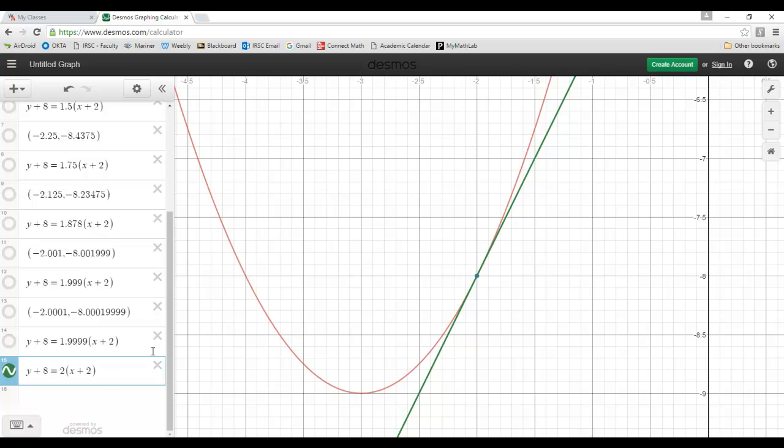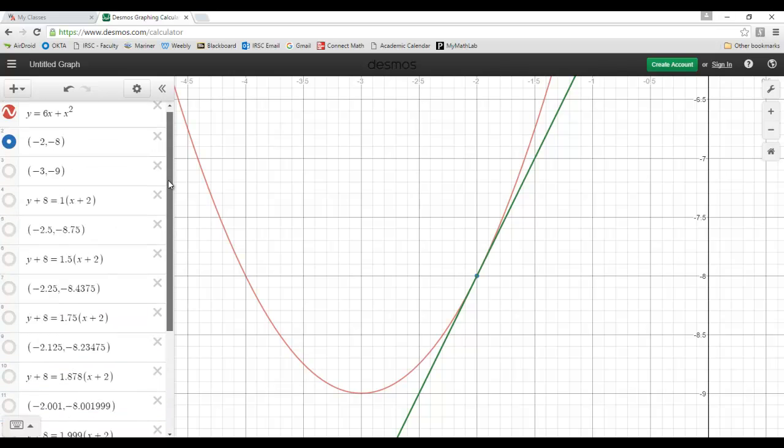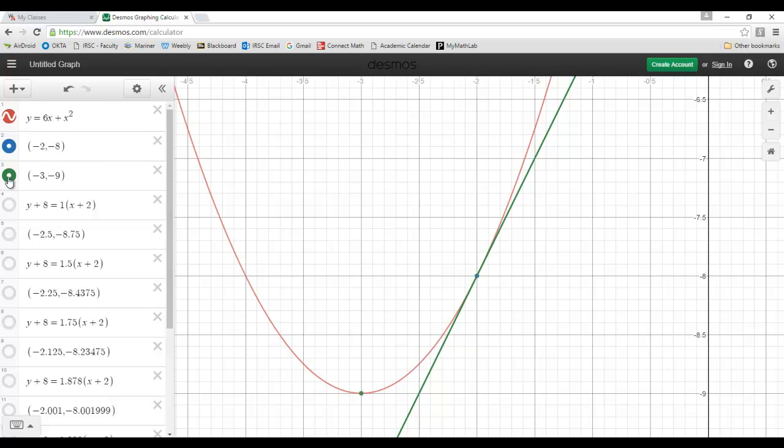Now, what did we do there? What was that process? We originally had the point 3, 9, and we picked x values that approached -2 from the left. Now, you could have done this process starting from the right if you wanted to, but the way the question was set, we approached from the left. So we started at -3, and then we found the corresponding y value. Then, moving to the right, we picked the point -2.5, -8.75.